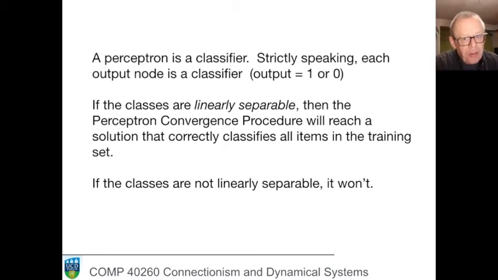If the two classes are arranged in such a way in input space that we can drive a straight line between them to keep one class on one side and the other class on the other side, then they are linearly separable. And the Perceptron Convergence procedure is guaranteed to find a solution that correctly classifies all the items in the training set. And if they are not linearly separable, it won't.